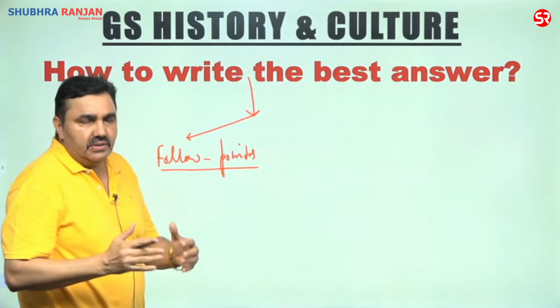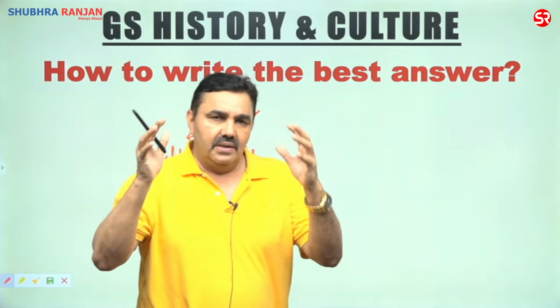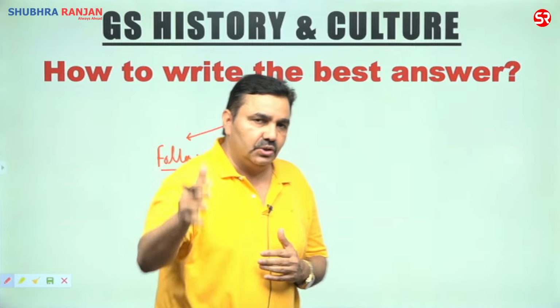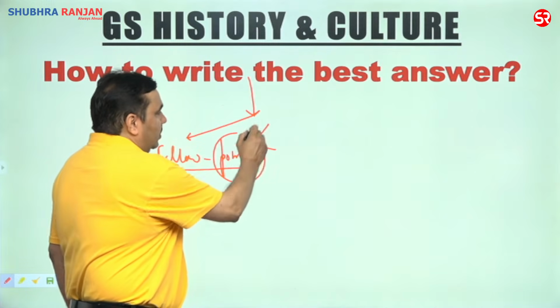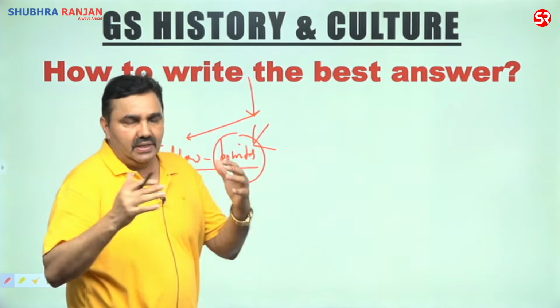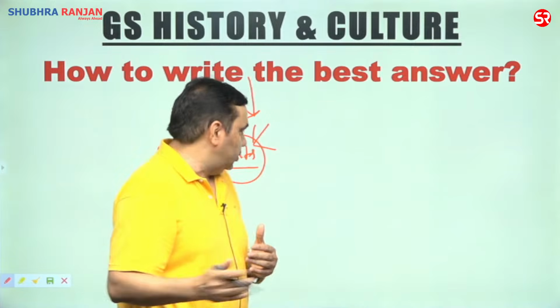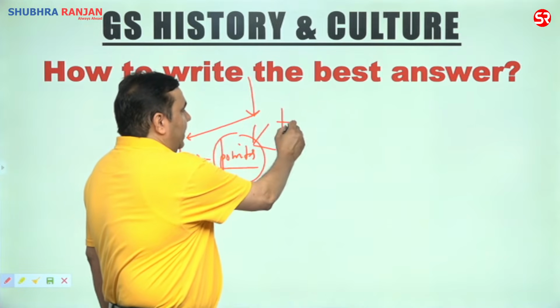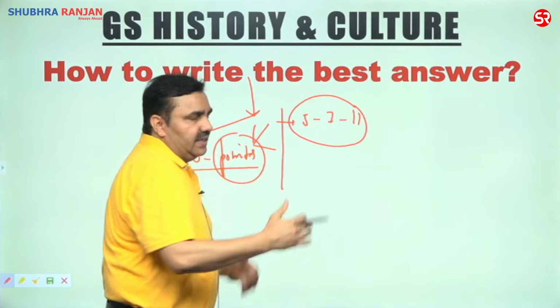When you write in points, you can put forward your specific in-depth understanding of those issues which UPSC is asking. If you try to write in paragraphs, then the points or whatever issues you are trying to analyze may get lost in details. You may have to cover multiple dimensions. Sometimes you have 5 dimensions, sometimes you have 7 dimensions, and at times you may have even more than 10 dimensions.